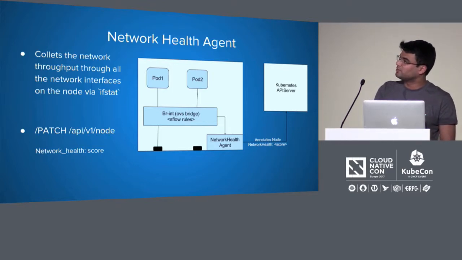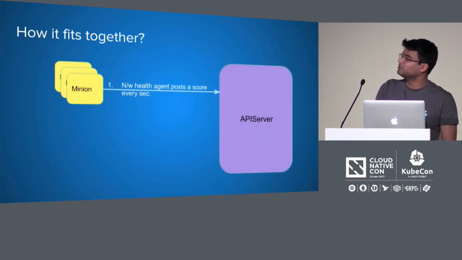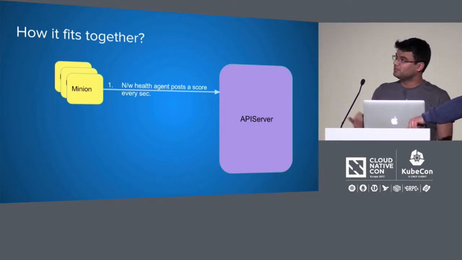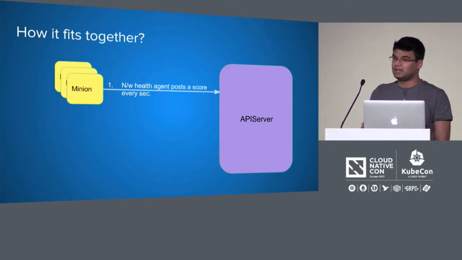So I think it's pretty simple, and one doesn't need to understand how it actually works in detail. In each of the minions, the network health agent is collecting this network health score and updating the node annotation every 1 second to the API server.